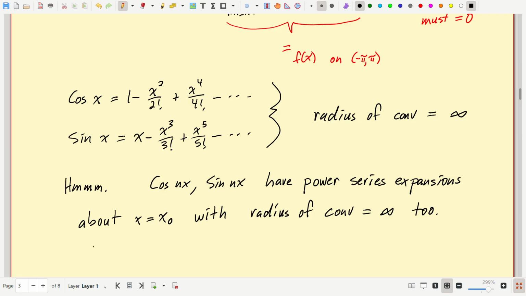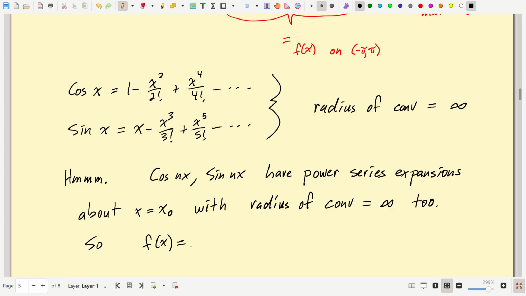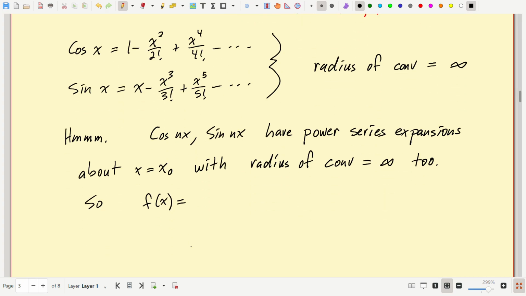And so what we see is that f of x is equal to that trig polynomial on minus pi to pi, and that trig polynomial is a summation, as n goes from 0 to infinity, of Taylor coefficients, capital A sub n, times x minus x naught to the n.